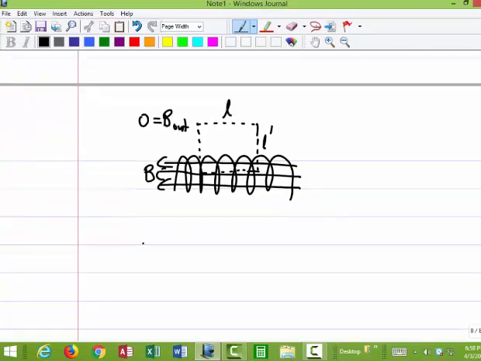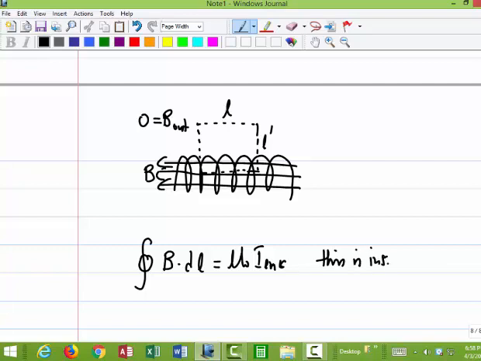If we take the Amperian loop, Ampere's law says the integral of B dot dl should be equal to mu naught times the current enclosed. This is inside the solenoid, because inside here we have a magnetic field and a segment dl. This segment dl is right there.